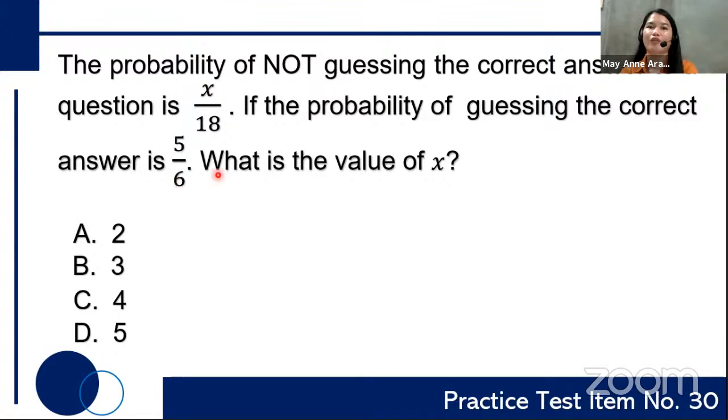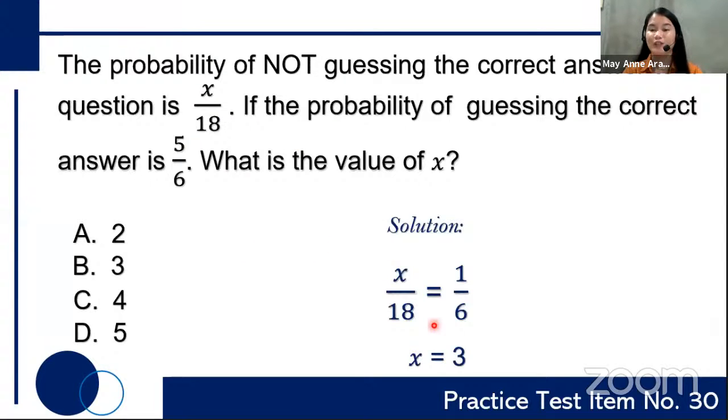So 1 minus 5/6 is the probability of not guessing the correct answer, which equals 1/6. So you have x/18 equals 1/6. What number, when simplified, becomes 1/6? 3, because 18 divided by 3 is 6. So 3/18 is 1/6. You can also do 18 times 1, divided by 6, which is 3. So the answer is letter B, 3.